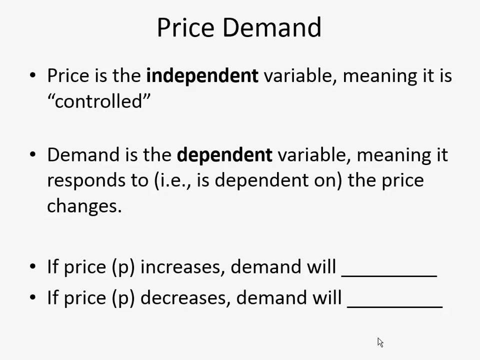Today, what we're going to do is assume that this curve is linear. That may or may not be the case in reality. It could be that the curve is like this. It could be that you have to lower the price, and as soon as you lower price just a little, there's a huge increase in demand. Or it could be the other way around.